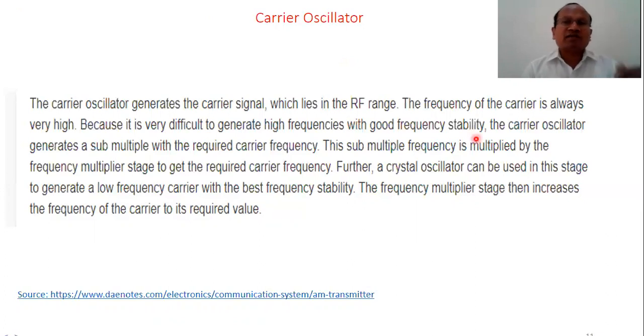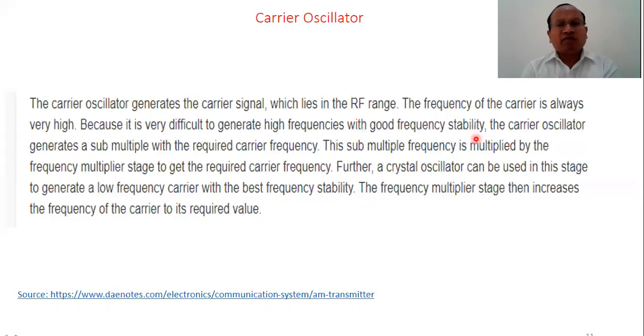But in the crystal oscillator, quartz is the material used, because its piezoelectric property is exploited, and the crystal oscillator generates an almost stable frequency. So the oscillator used here is the crystal oscillator, and it need not generate a very high value of frequency.